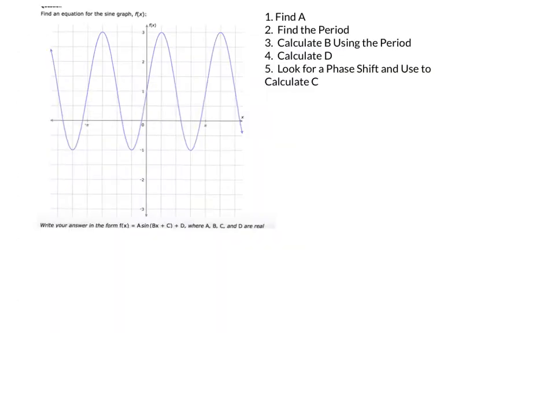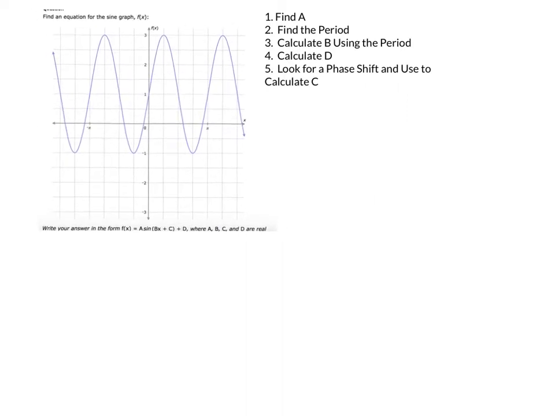Okay, so let's take a look here. For A, our max is 3, our min is negative 1, which gives us an amplitude of 3 minus negative 1 over 2, 4 over 2 equals 2. So A equals 2.